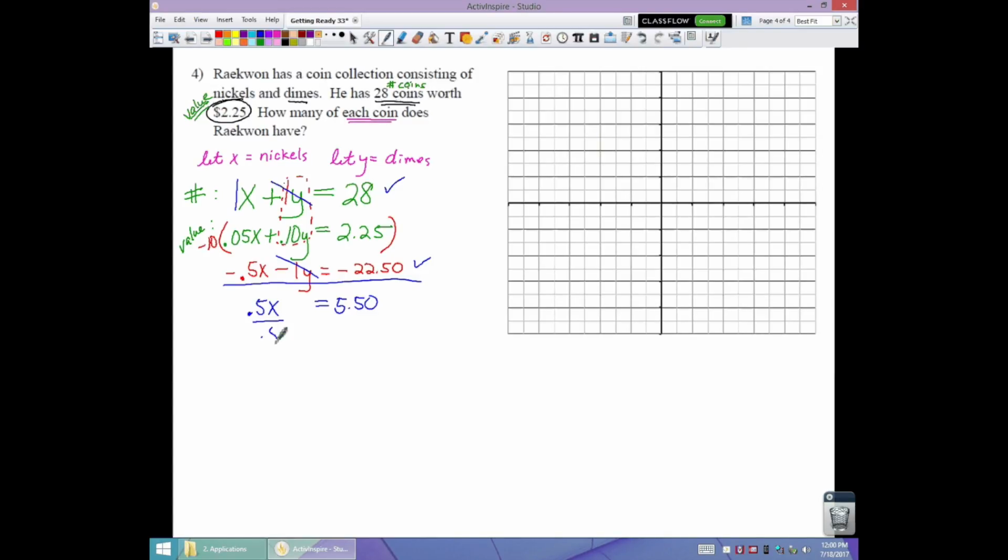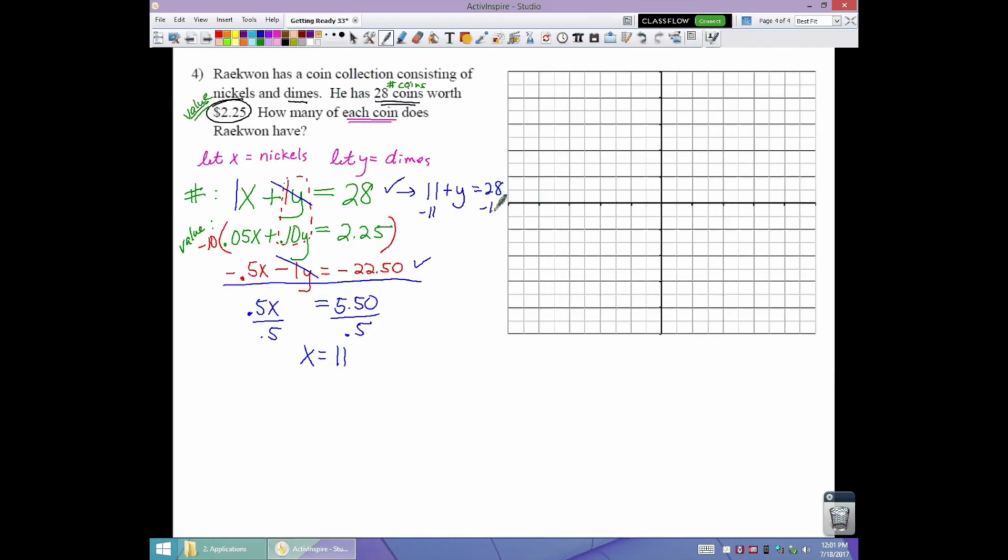So my one-step equation to solve, I divide by 1/2. So x is equal to 11. That's one of my variables. To find the other one, I need to substitute back into one of the equations. The simplest one would be this x plus y equals 28, because it just gives me 11 plus some number equals 28.